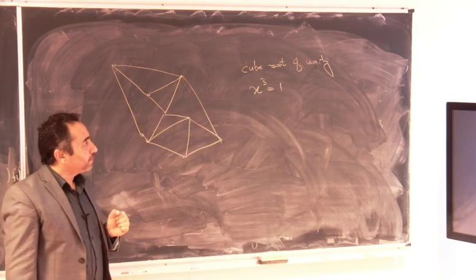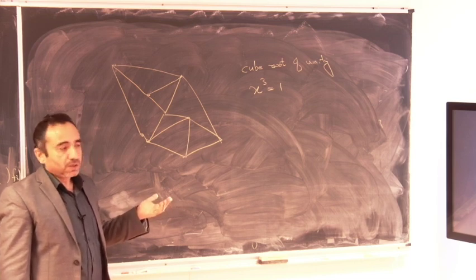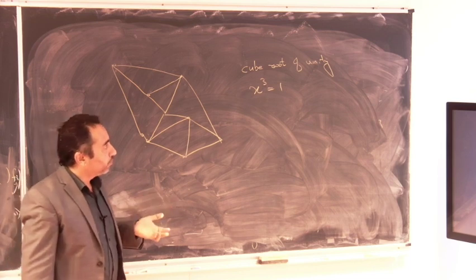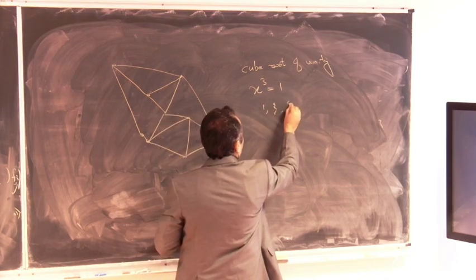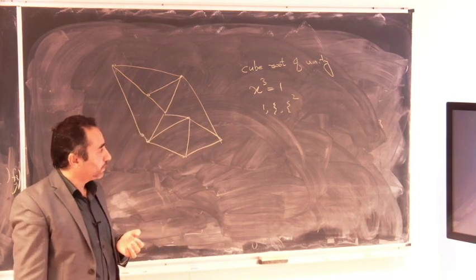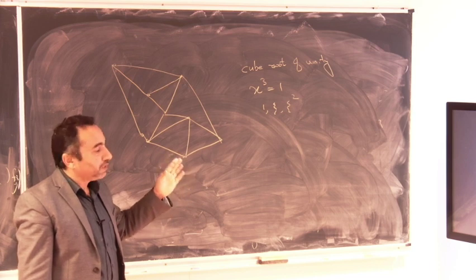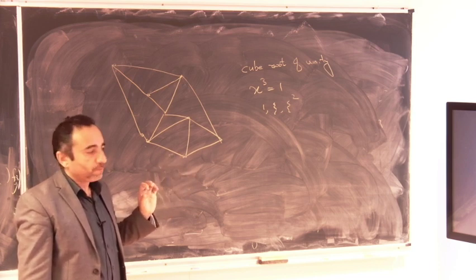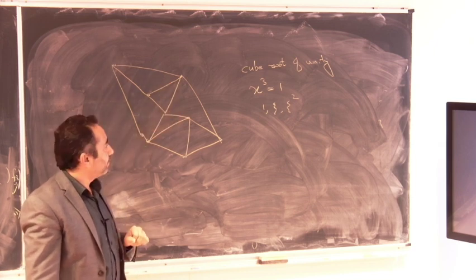In complex numbers, we have three solutions, which are called the cube roots of unity, which we suppose are 1, xi and xi squared. Suppose these are its three different roots. So we refer to these three roots as three different colors, which we can assign to any of the vertices of this graph.